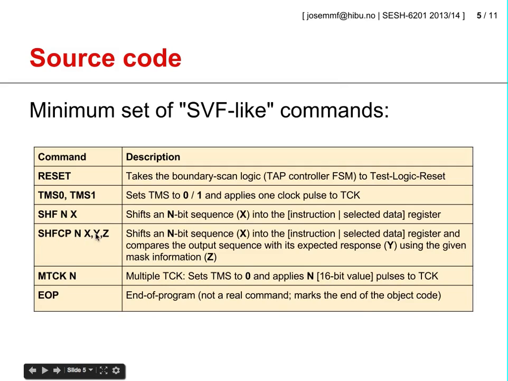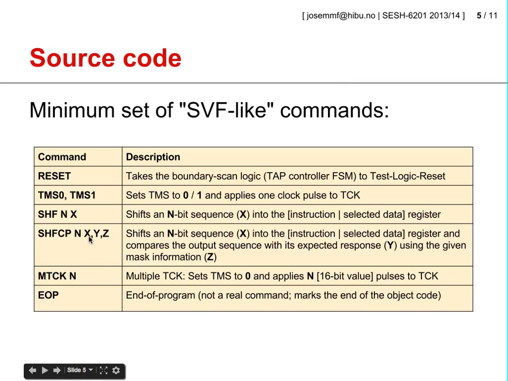And shift and compare is an equivalent but more sophisticated version which, besides scanning data into the selected scan chain, will also read the data that is coming out and compare it to the expected bit stream Y using a mask information that is stored in bit stream SETA.